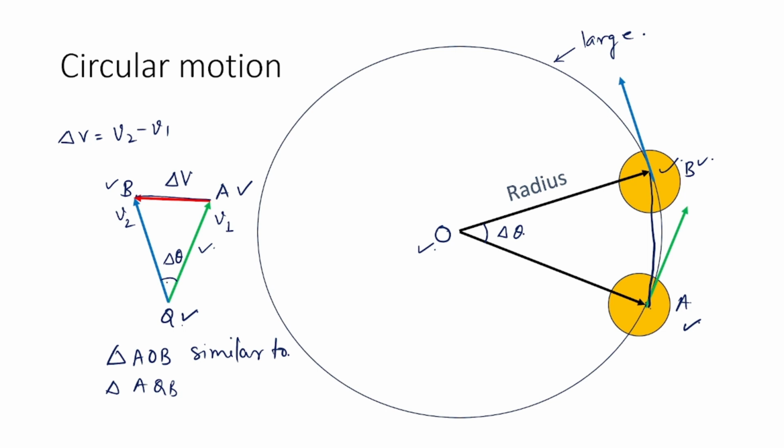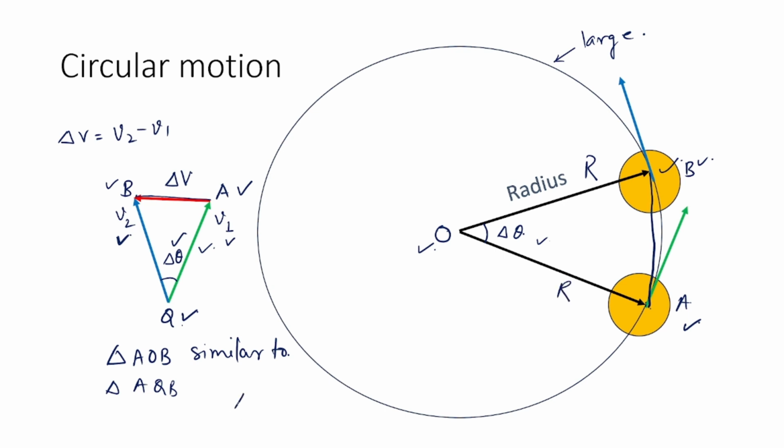Since we know this angle is theta and this angle is theta, right? And v1 is equal to v2. Similarly, here radius r is equal to another radius r.